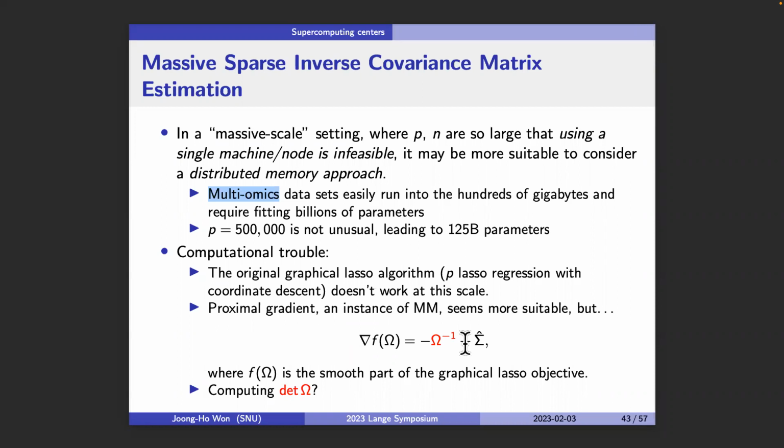But this matrix is p by p, say 500,000 by 500,000. And this is an iterative algorithm. So this means that at every iteration, you need to invert a huge matrix. So it's a nightmare. And not only the gradient, you also need to evaluate the objective function.